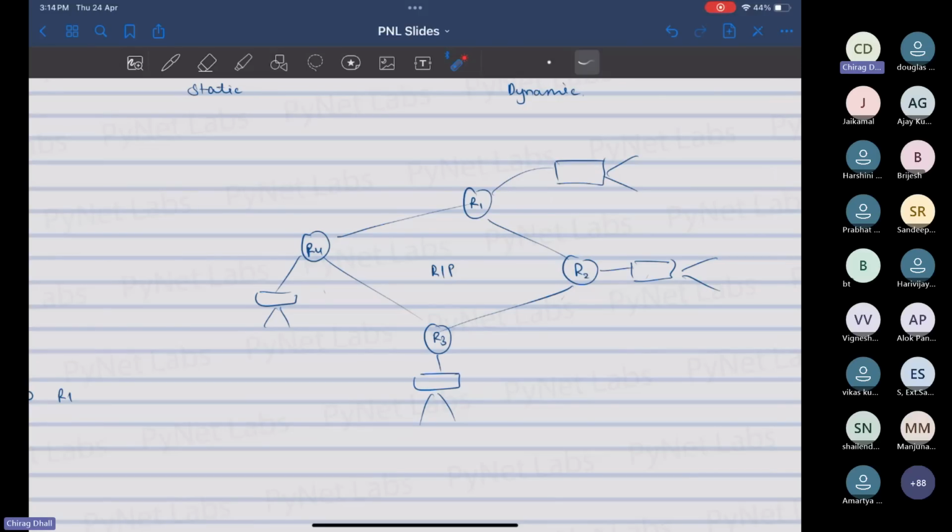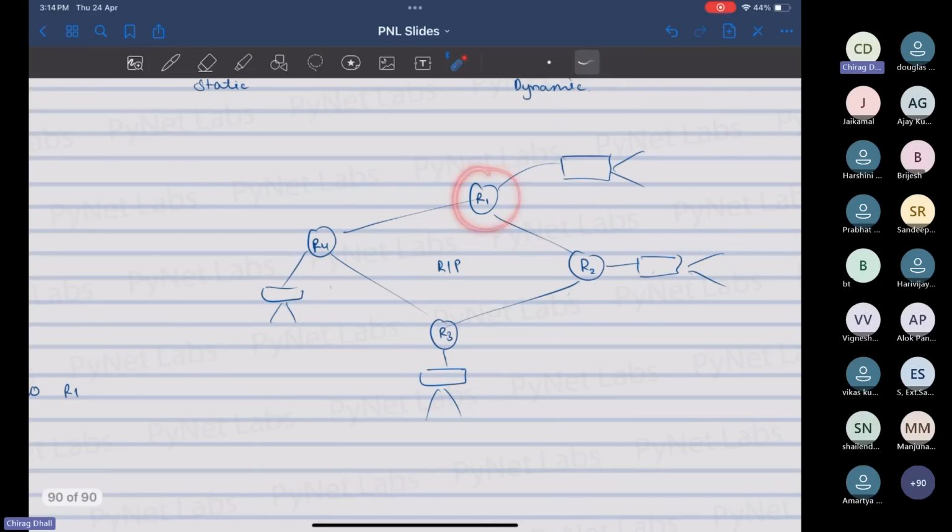But I didn't specify where you are supposed to configure your DHCP pools. So what you can do in such a situation is configure them individually on all the routers respectively. For R1's network, you can configure the DHCP pool on R1. Similarly, for R2's subnet, you can put it on R2, and so on for R3 and R4 as well.